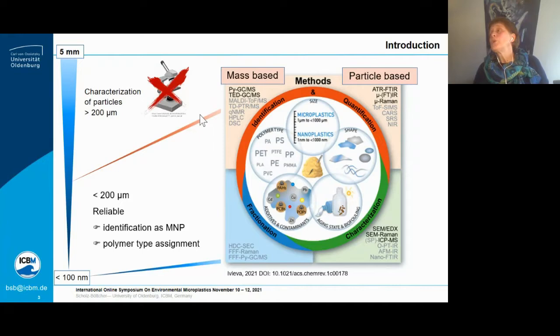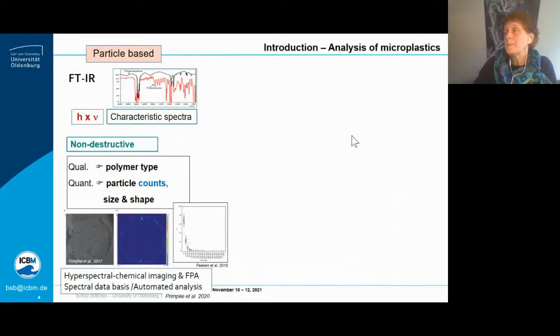Very common were particle-based methods that have already been developed, and by now also mass-based methods from complex techniques are more and more in focus due to their high potential in microplastic analysis. A very nice recent review has summarized all the new approaches that are available by now.